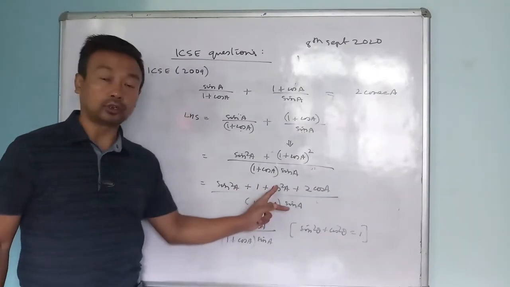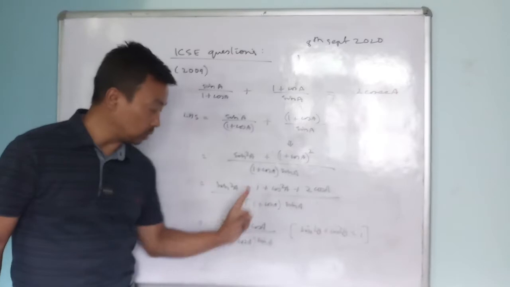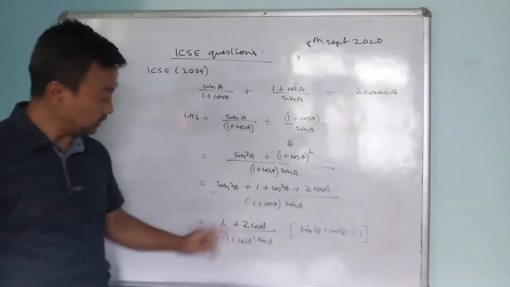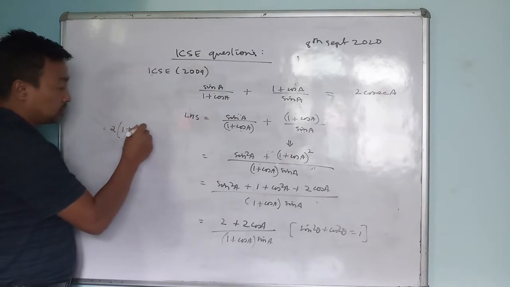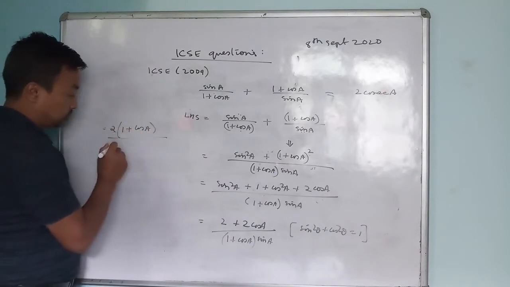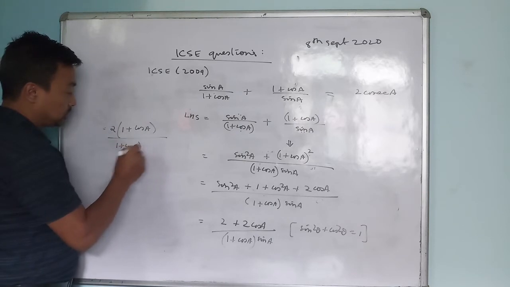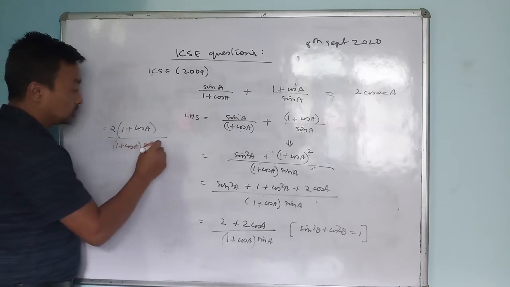Sine square A plus cos square A is 1. So 1 plus 1 is 2. Now if you look at this 2, we can see that 2 is common. So (1 plus cos A) will be left upon (1 plus cos A) into sine A.